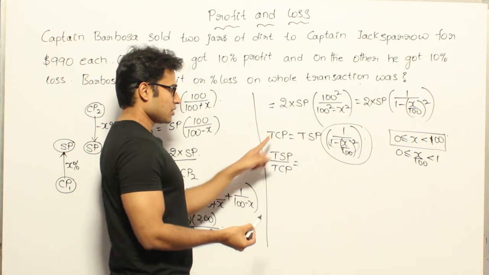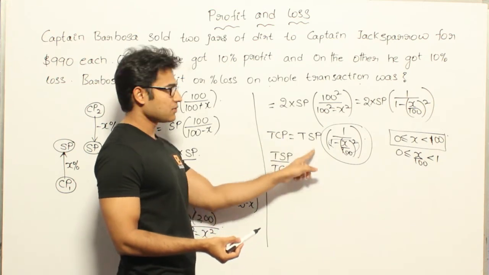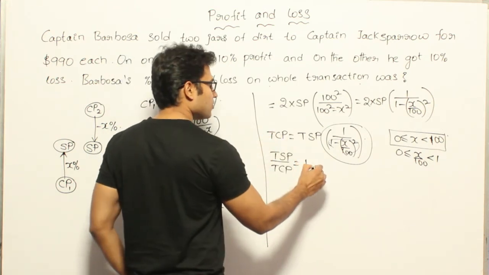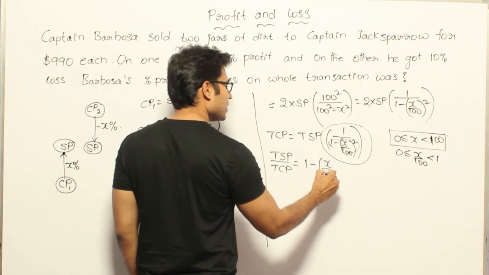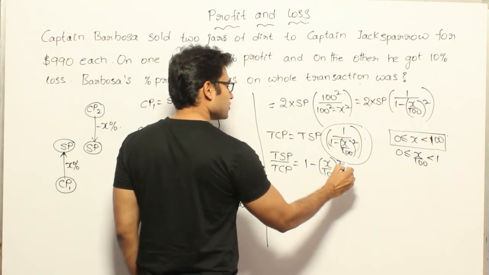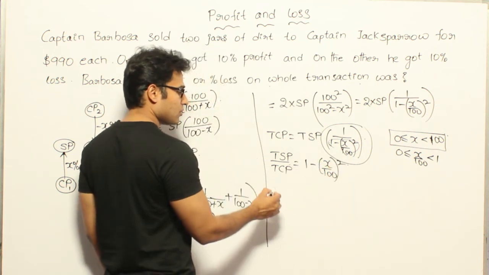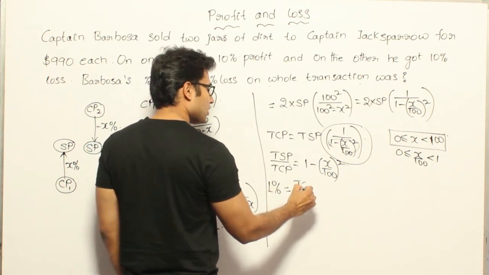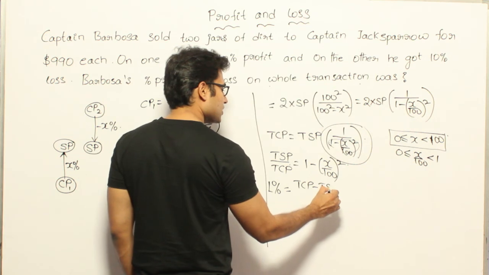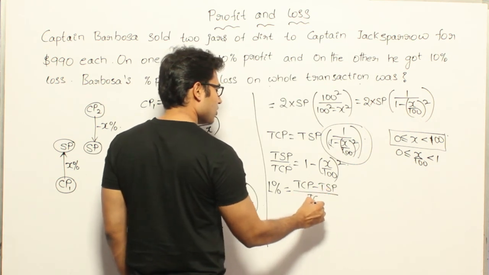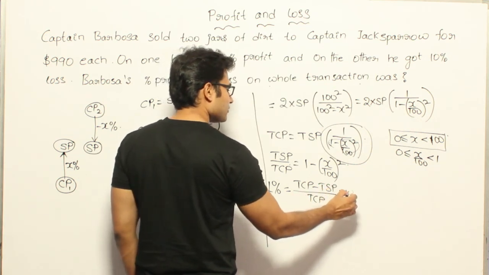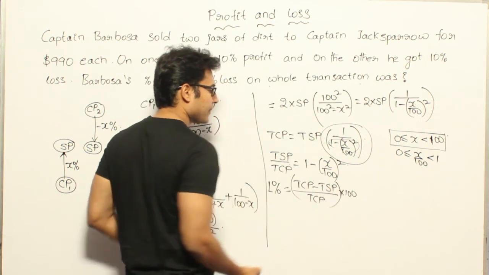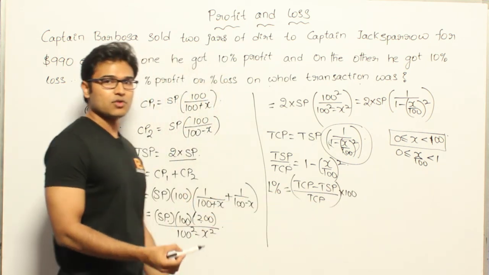I'm just cross multiplying this one here and this one here, it is equal to 1 minus x by 100 whole square. So why did I take this? Because I want to find out the loss percent. We know that loss percent equals total cost price minus total selling price divided by total cost price into 100, isn't it? Now divide numerator and denominator with total cost price.